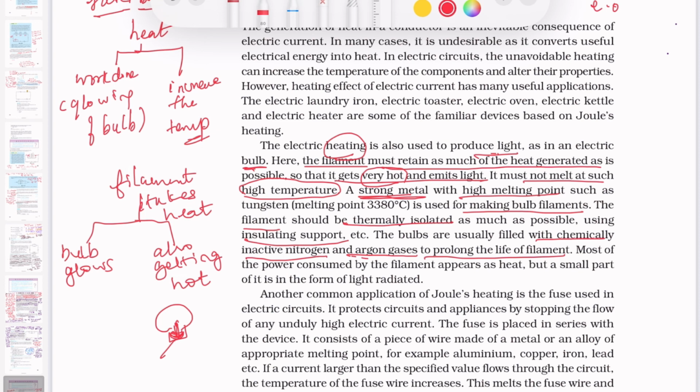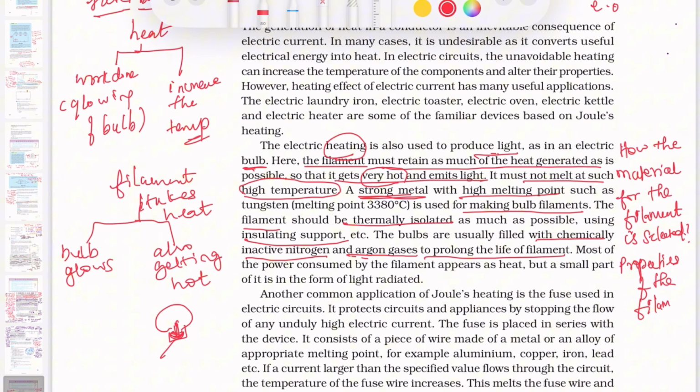Now here is how the material for the filament is selected. On what basis? This is the question. So we have to talk about the second para. So what are the properties of the filament? Then the next question would be the properties of the filament.